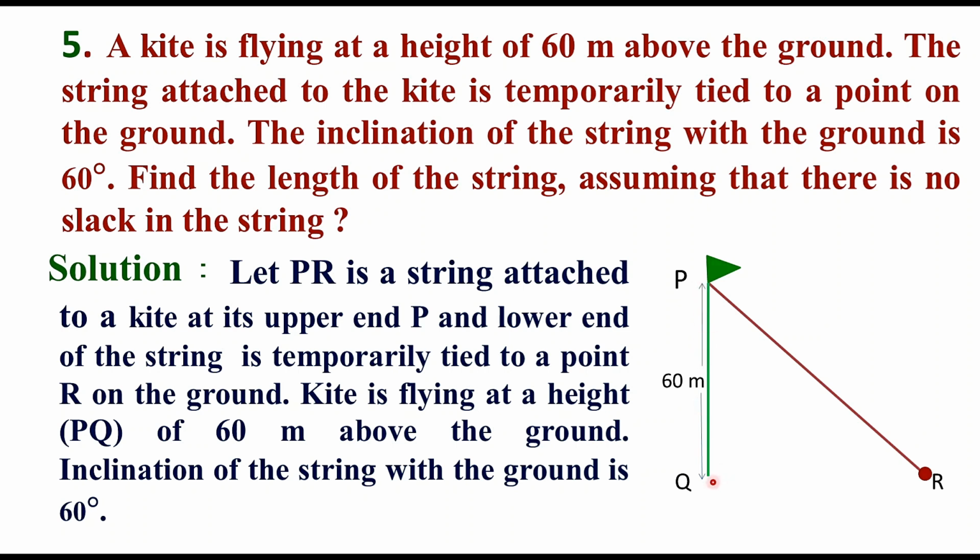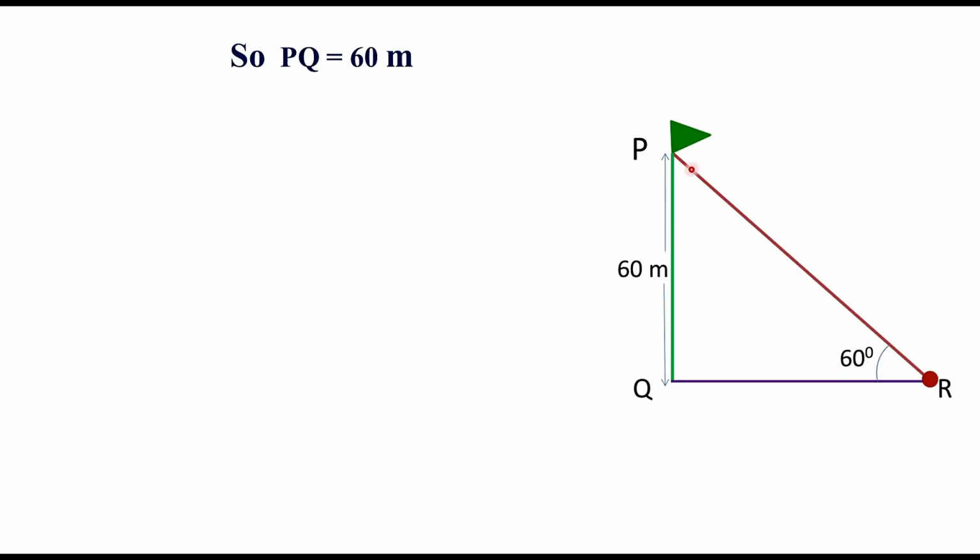So PQ, Q is a point on the ground, and PQ is equal to 60 meter, and the inclination of the string PR with the ground is 60 degree. So angle of elevation is 60 degree from point R to the upper end of the string. Now PQ is 60 meter and angle PRQ is equal to 60 degree.